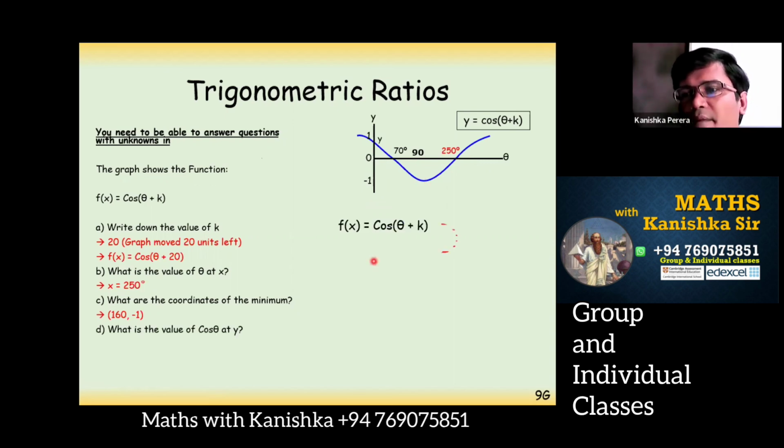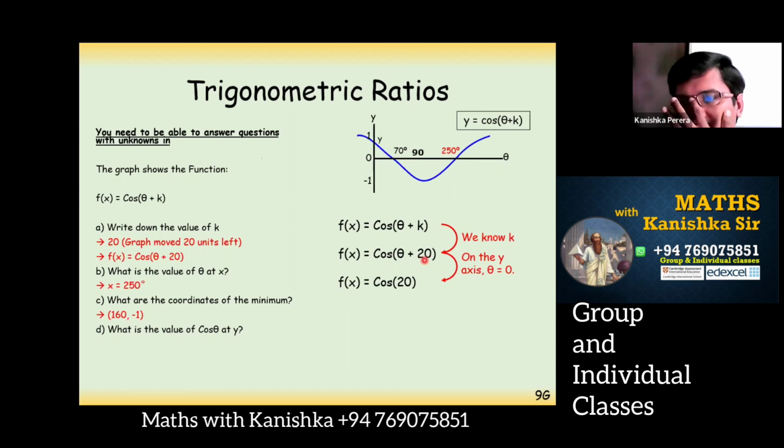Now you got some idea. We can say it becomes this kind of a way. This time I sped up, so I spent nearly 1 hour, but it's a very important one. So we know that f(x) = cos theta + k, cos theta + 20, and we can figure it out.